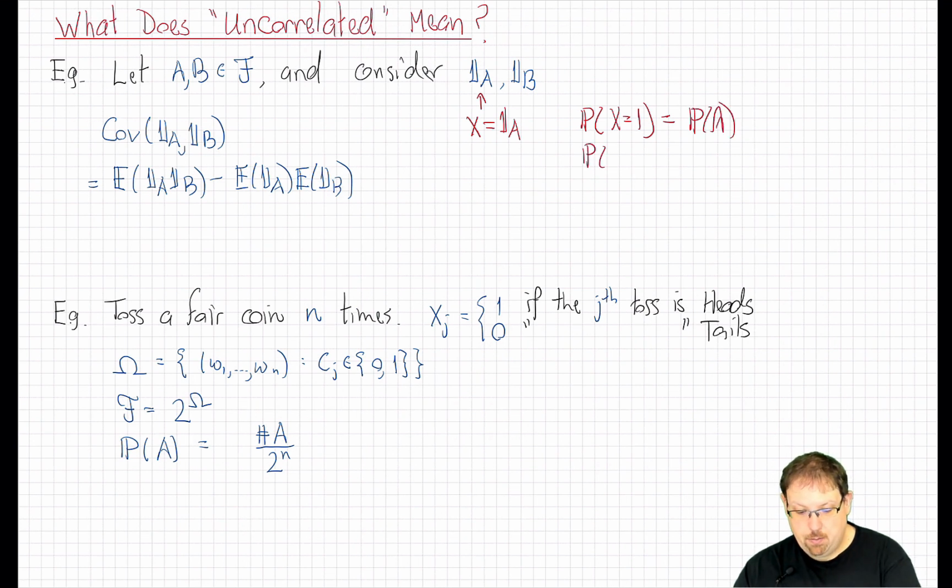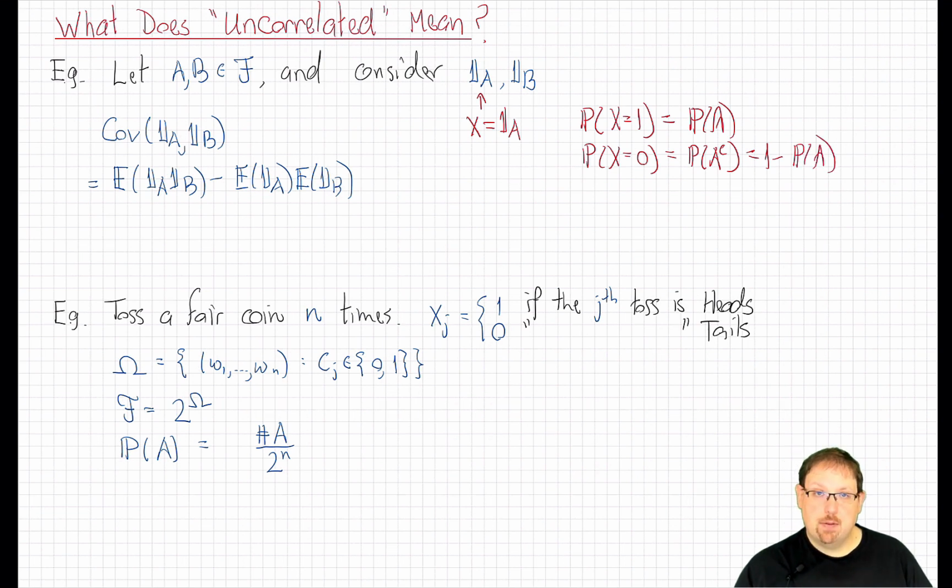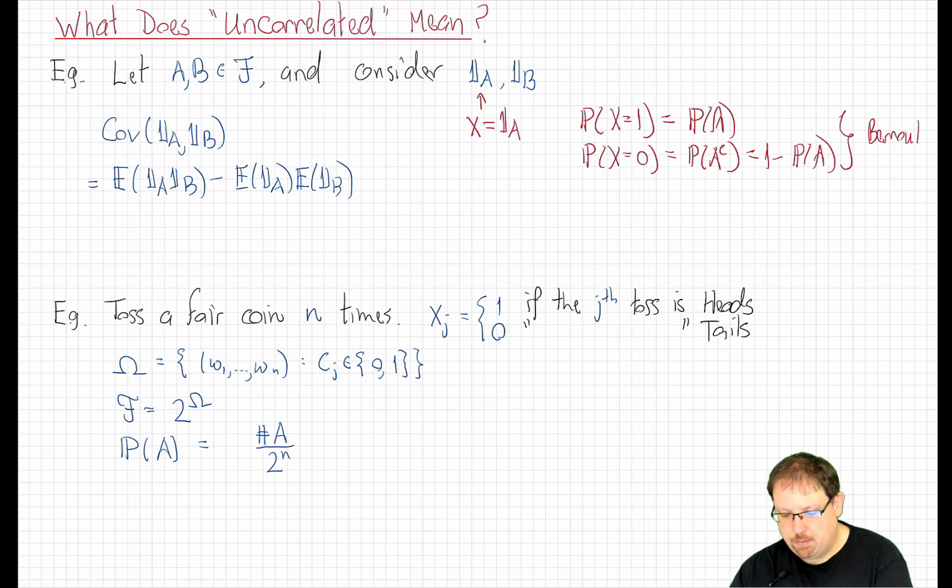The probability where it equals 0 is the probability of the set where it equals 0, which is A complement, which is 1 minus the probability of A. Such a random variable, which takes values 0 and 1 with some probability p and 1 minus p, is called a Bernoulli random variable. So indicator functions are Bernoulli random variables.